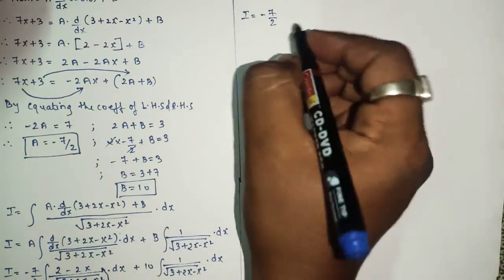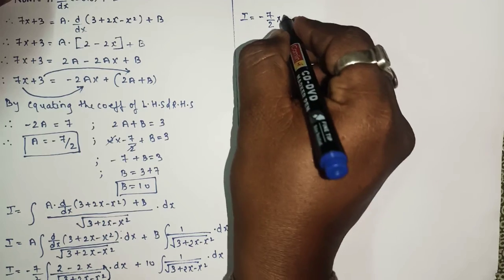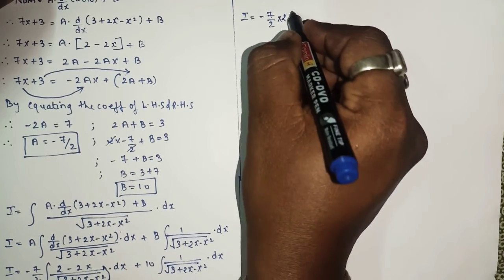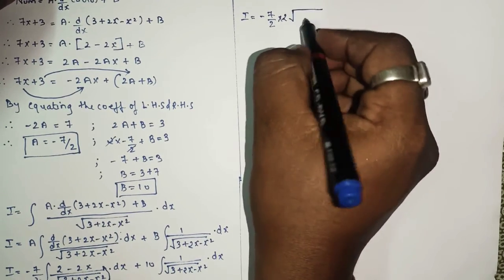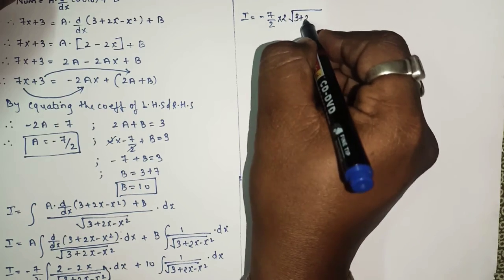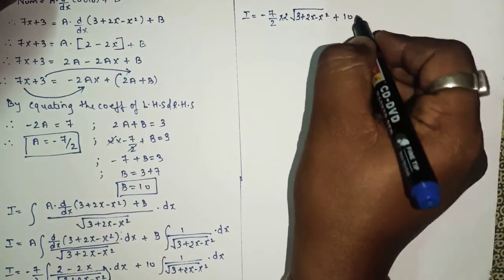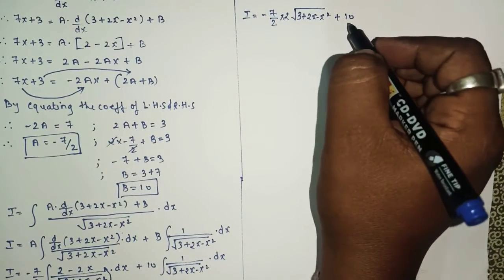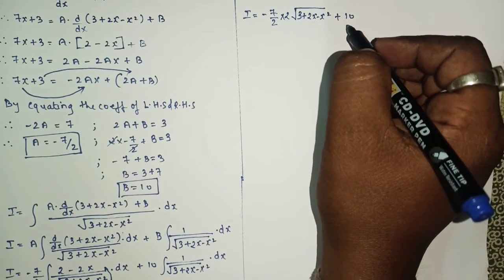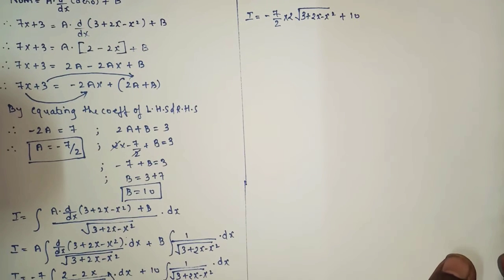So it says that it is 2 root f of x. So f of x is what, 3 plus 2x minus x square plus 10. We cannot write plus c. I hope you all understood why we cannot write plus c.